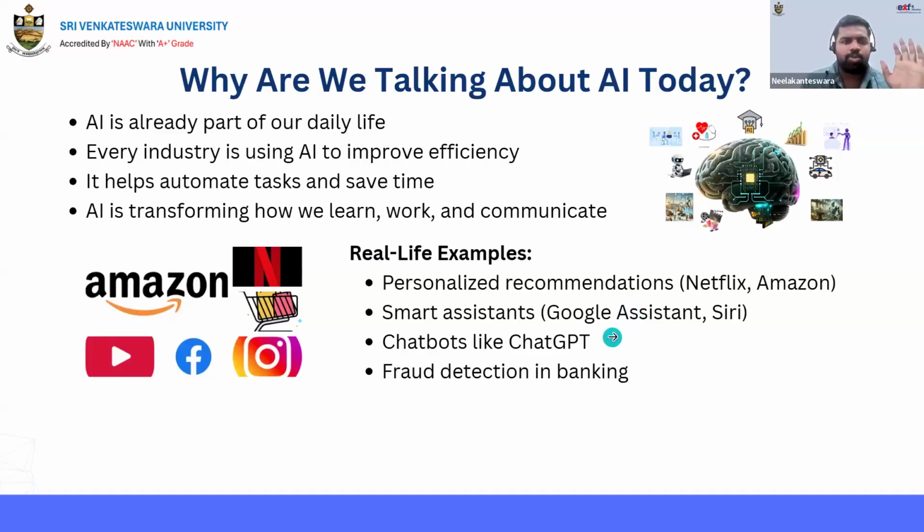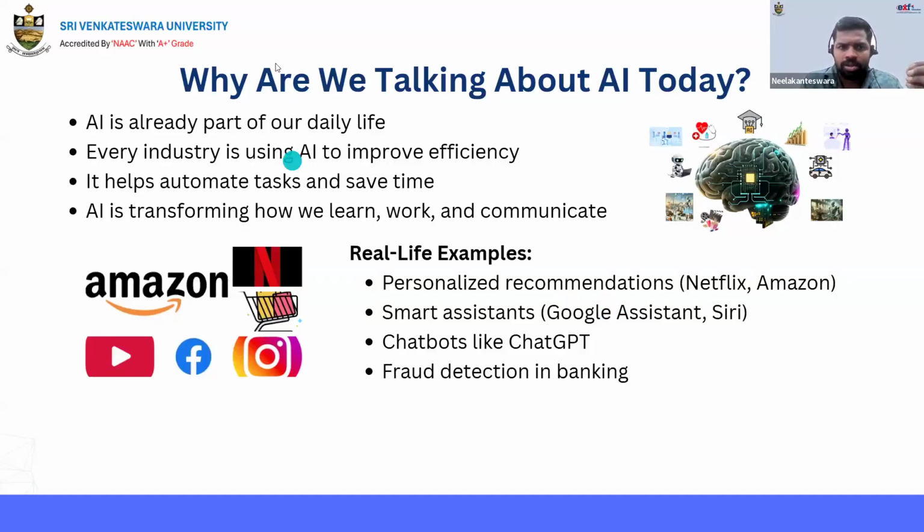Take smart assistants like Google Assistant or Siri. If you say, Hey Google or Hey Siri, just set an alarm, it understands. That's AI. And chatbots like ChatGPT are nowadays used by students and professionals for generating code, for interview purposes, and for improving resumes.